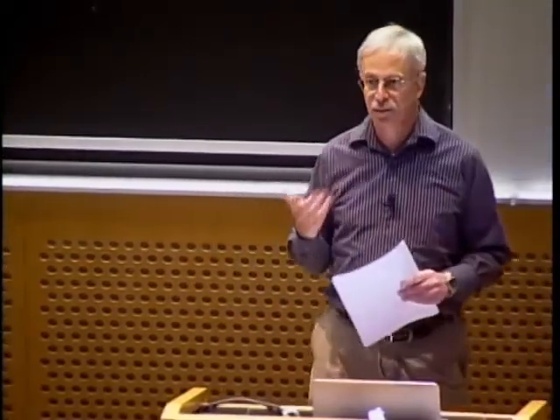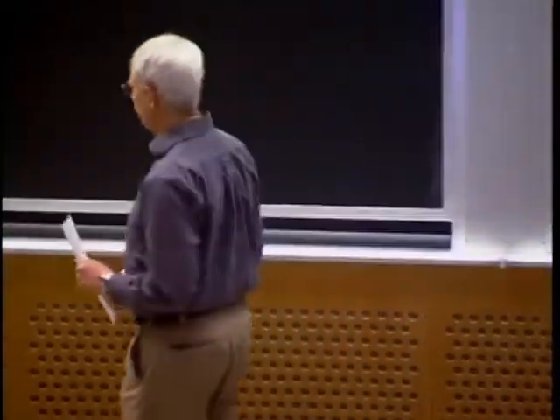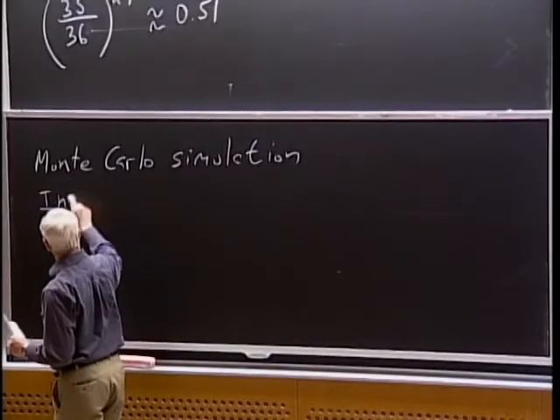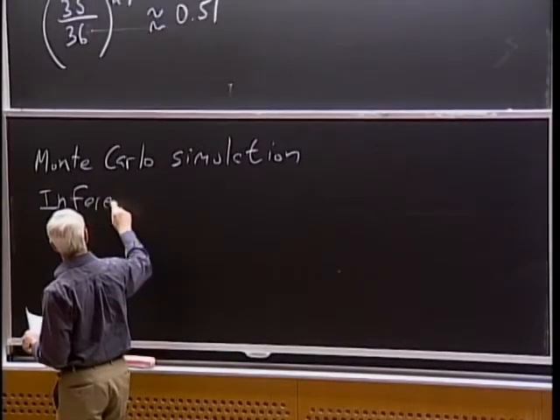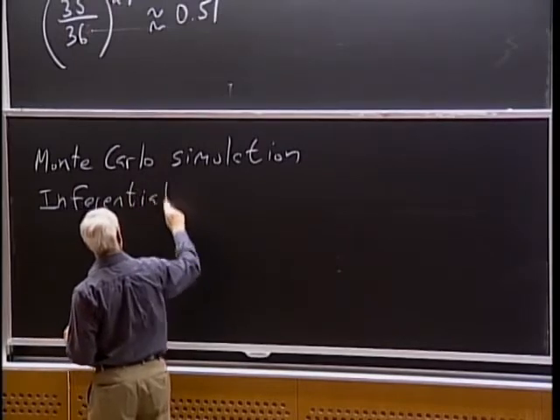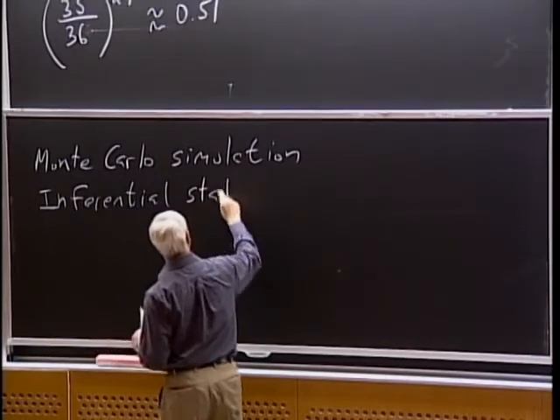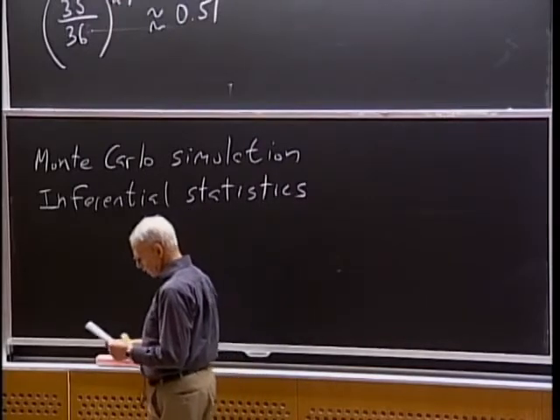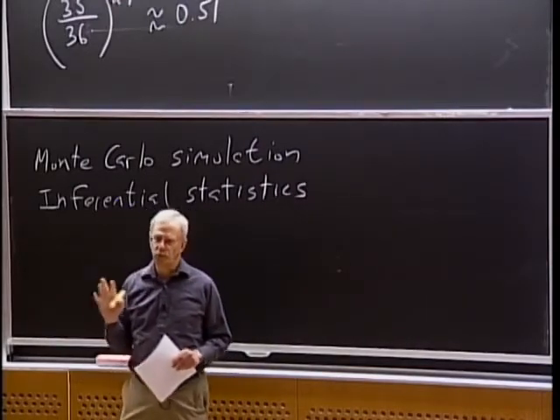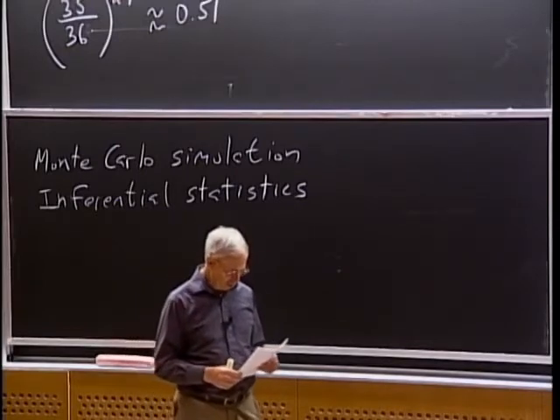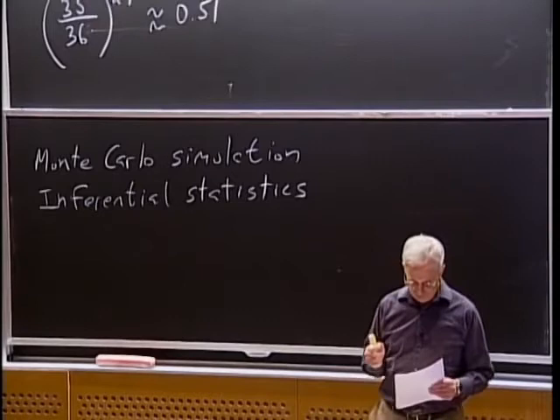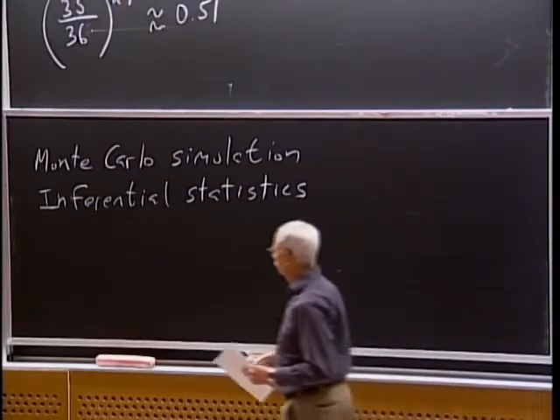Monte Carlo simulations are an example of what's called inferential statistics. In brief, and I'm going to be brief because this is not a statistics course, inferential statistics is based upon one guiding principle.